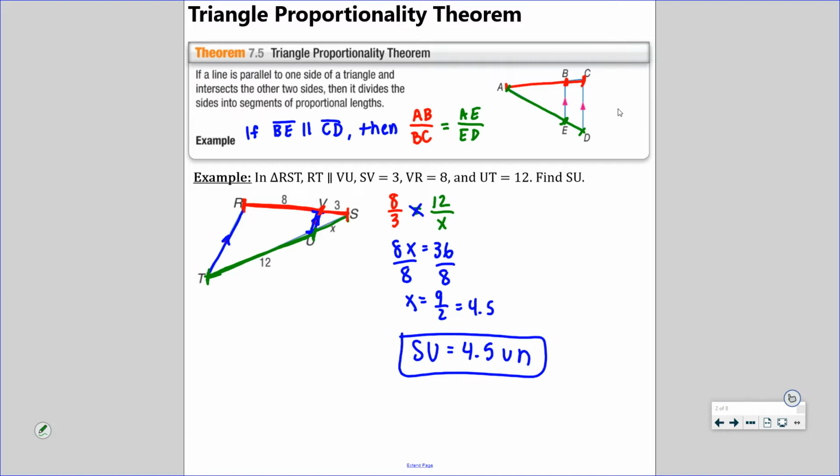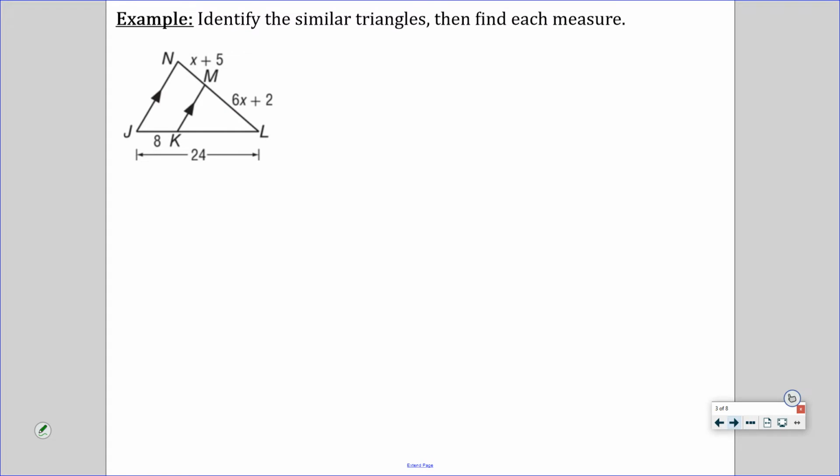Let's try a little bit harder one with some algebra. They tell us to identify the similar triangles here. We do have some similar triangles because of these parallel side lengths. I'll do this one in red, my smaller one, and this one. Now we do know some side lengths.